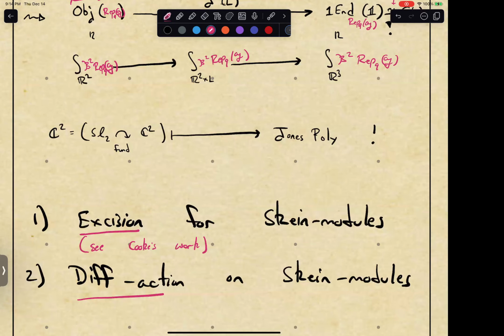I don't know if that is addressing the kind of issues that you had in mind. Yeah, I think that's fine. I was just wondering, you're proposing studying factorization homology in an axiomatic way, using its formal properties, right?